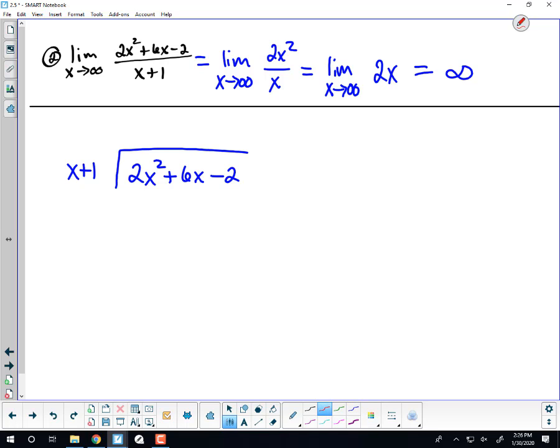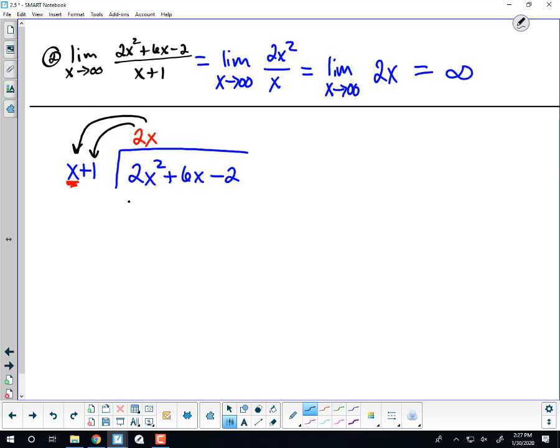If you remember long division, it's based off of the leading term that we're dividing. We say, all right, well, here's x. What do I need to multiply that by to get 2x squared? And then we put that up here. So I need to multiply that by 2x. Then we take that and multiply it there and there.